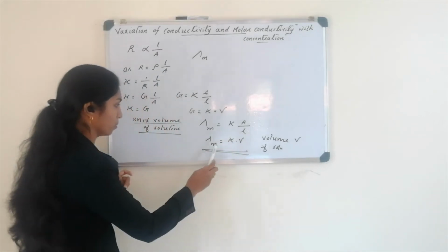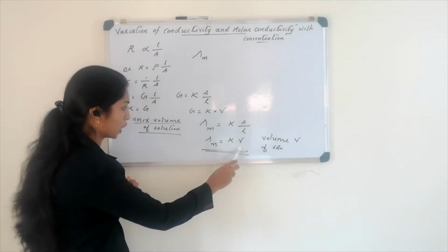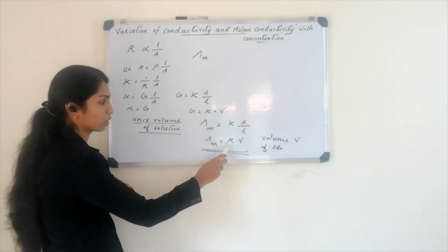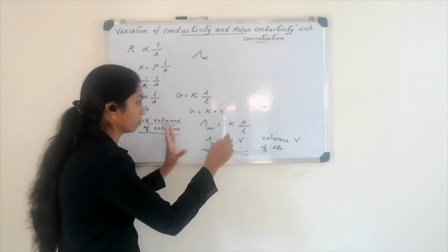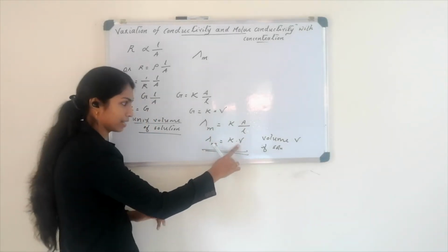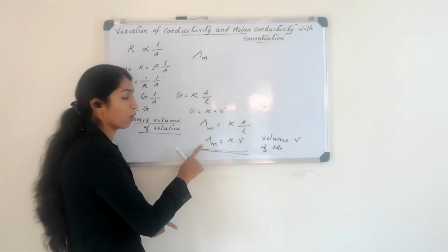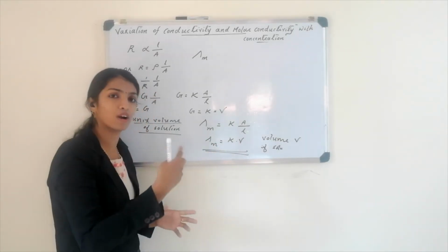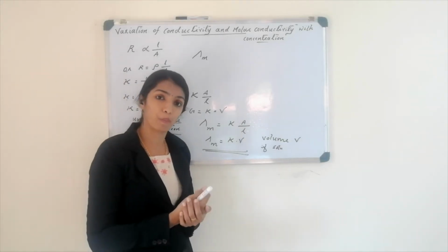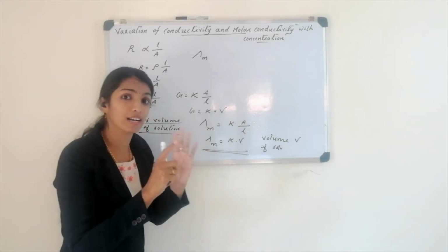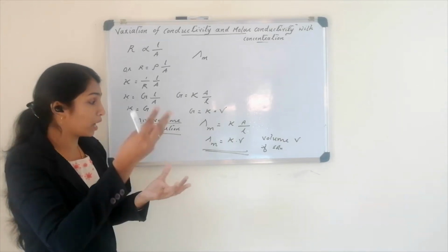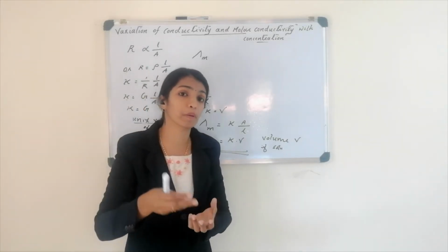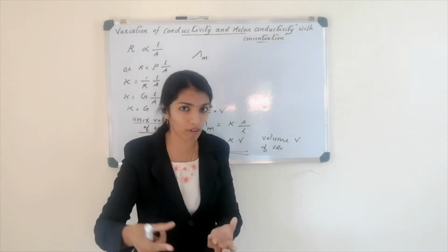Here, just listen to this equation. Lambda M is equal to conductivity into volume. From this equation, it is clear that as volume increases, molar conductivity value increases. The volume and molar conductivity value are directly proportional. Volume of a solution can be increased by adding more and more solvent, no?